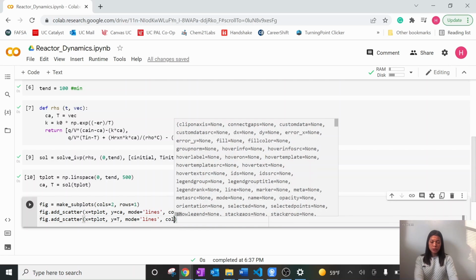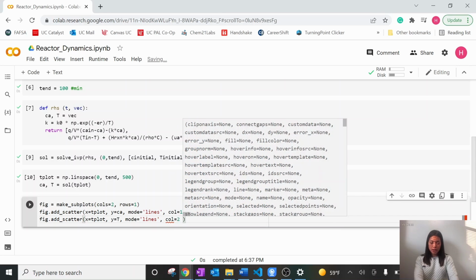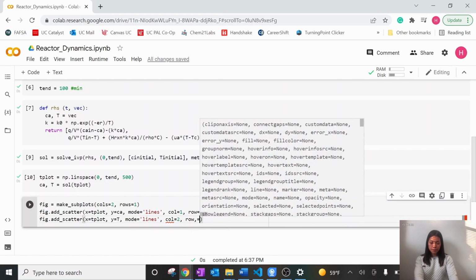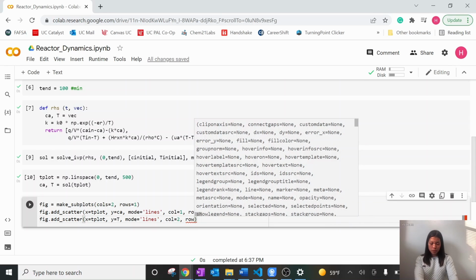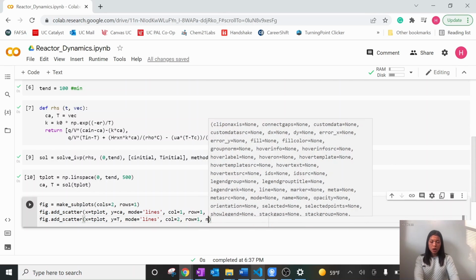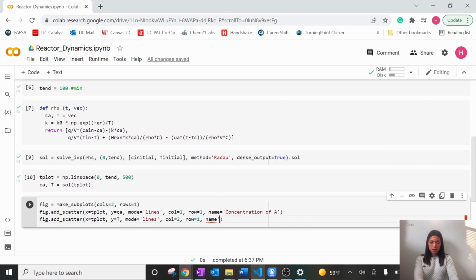This is now going to be in the second column, so it's going to be on the right, in the only row, the first row. And we will name this temperature of tank. Shift enter.